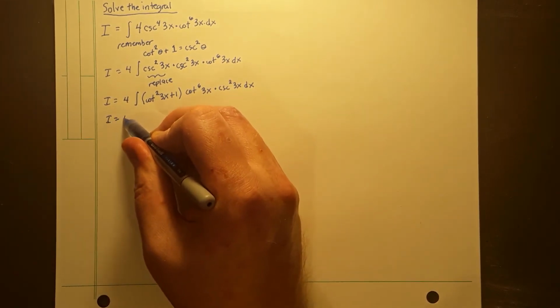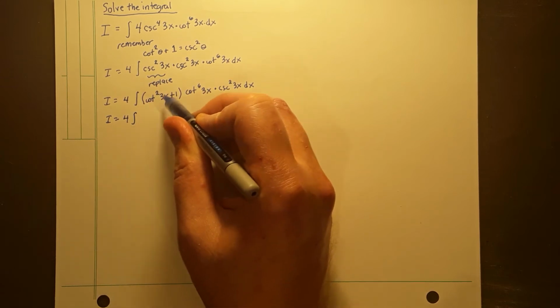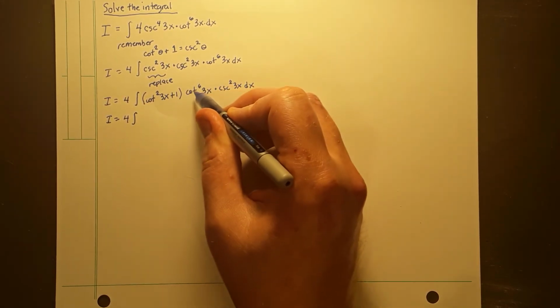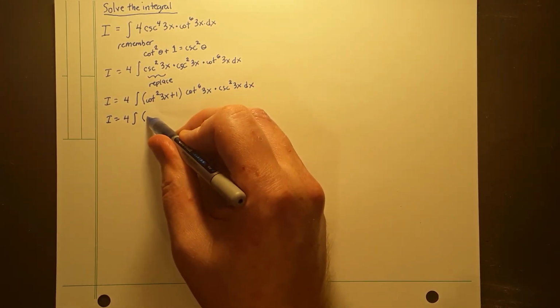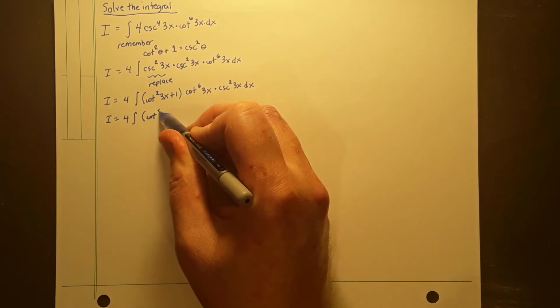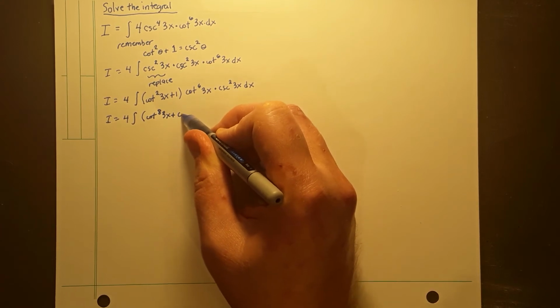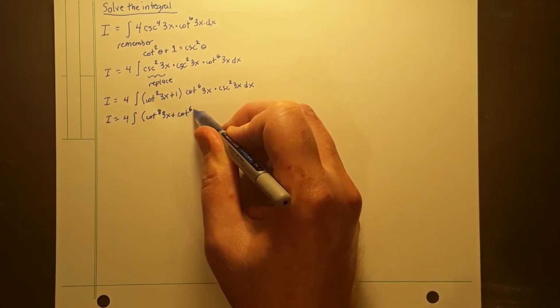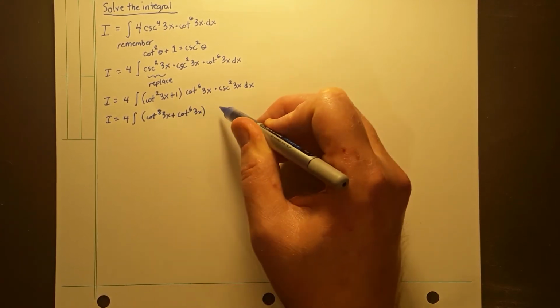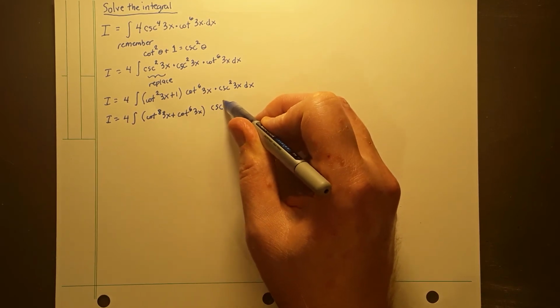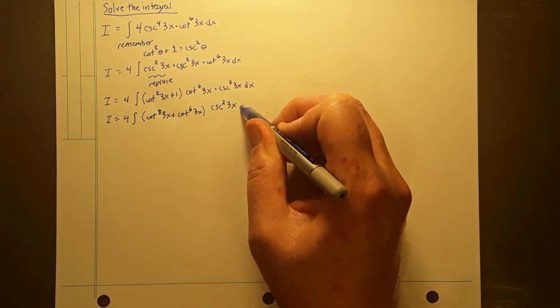If I multiply what's inside the brackets by the cotangent power 6, I end up with cotangent power 8 of 3x plus cotangent power 6 of 3x, all multiplied by cosecant squared 3x dx.